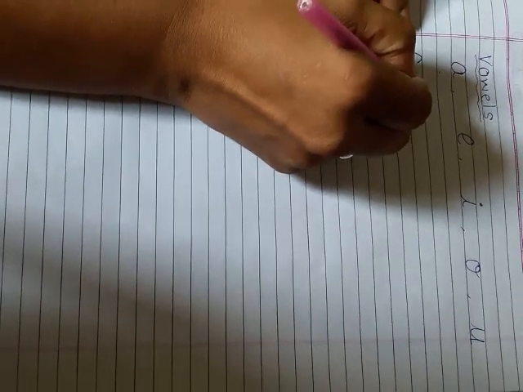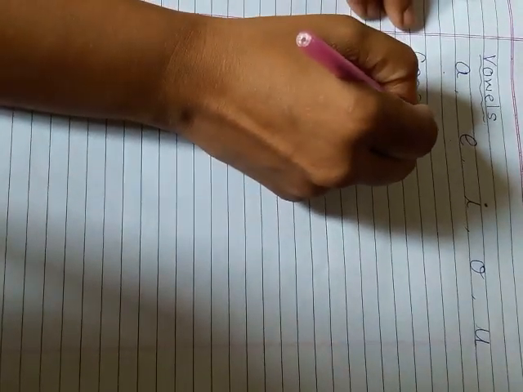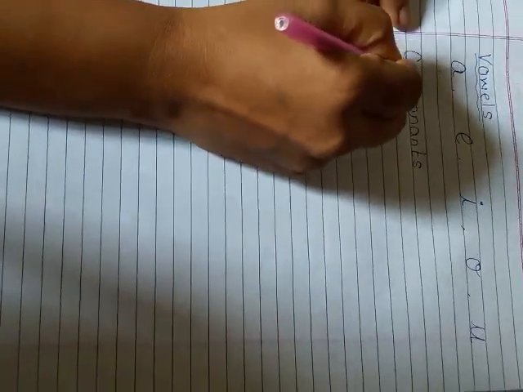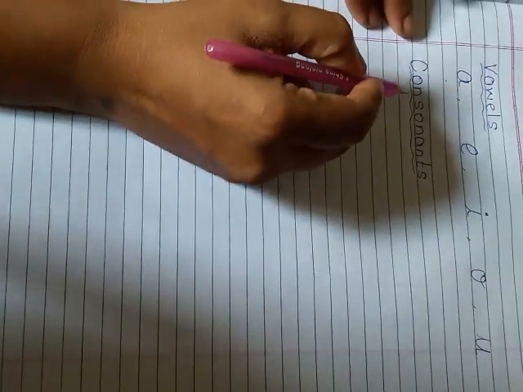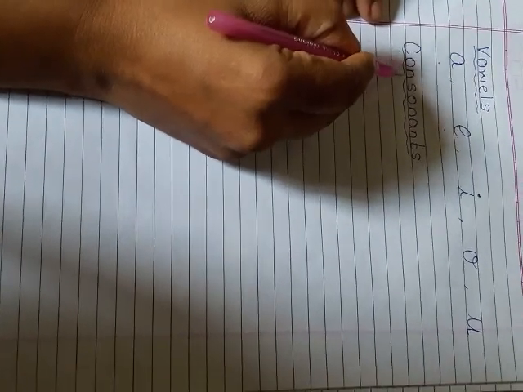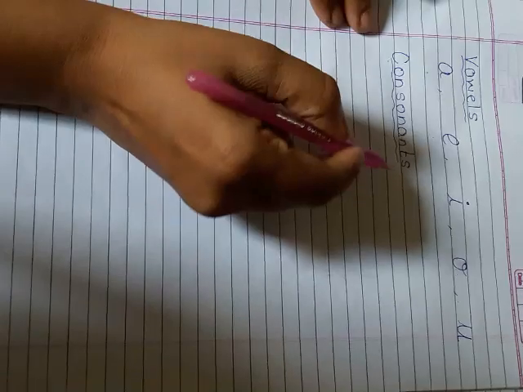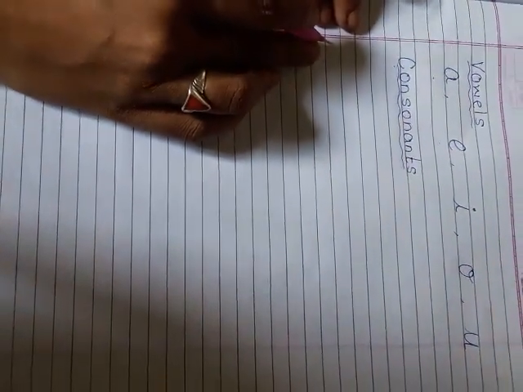Now, rest of the letters are called consonants. So, we will write them. Consonants. Spell it. C-O-N-S-O-N-A-N-T-S. Consonants. So, which are the consonants?